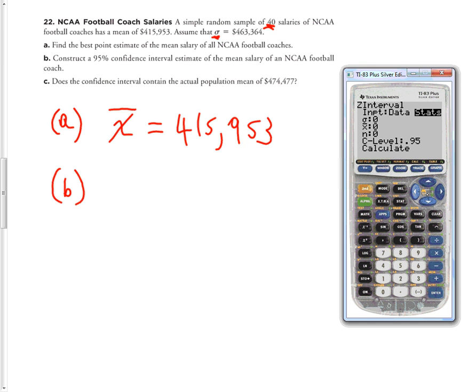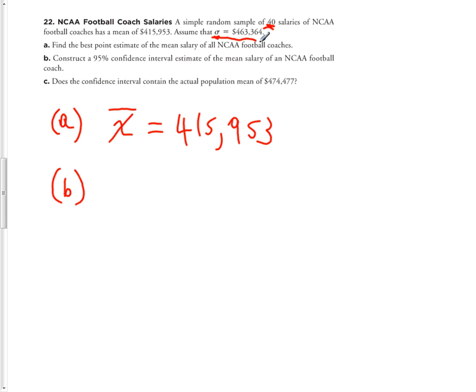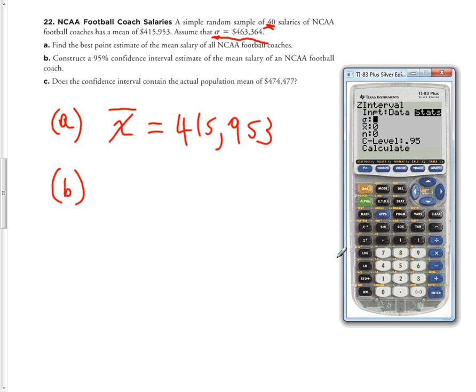It asks me for those statistics now. It's asking me for sigma, which was given up here: 463,364.